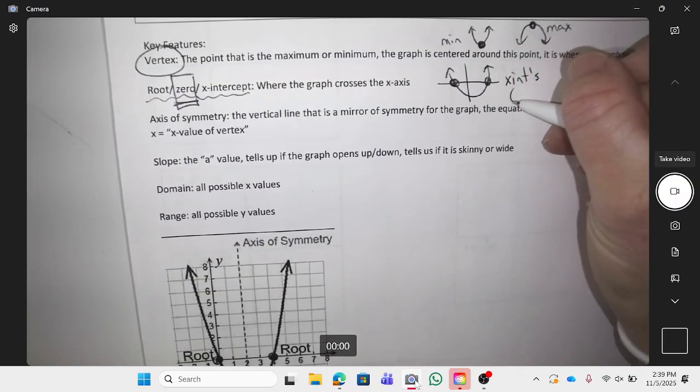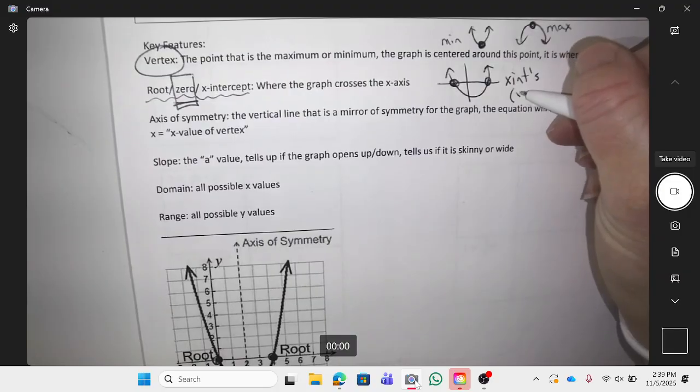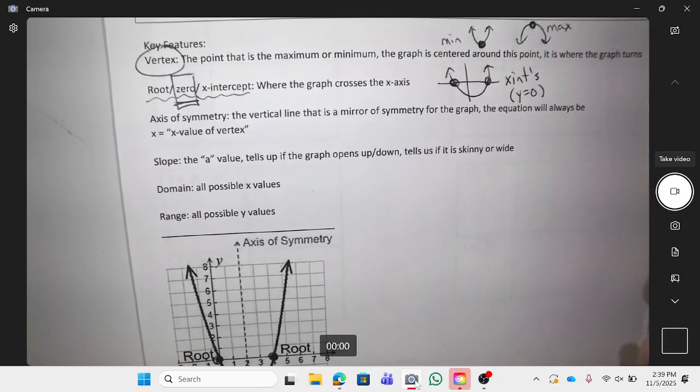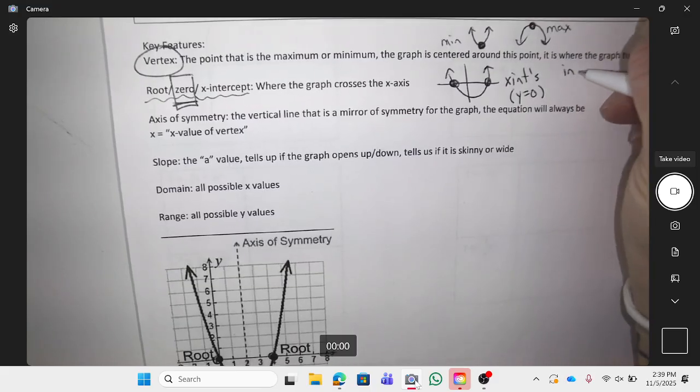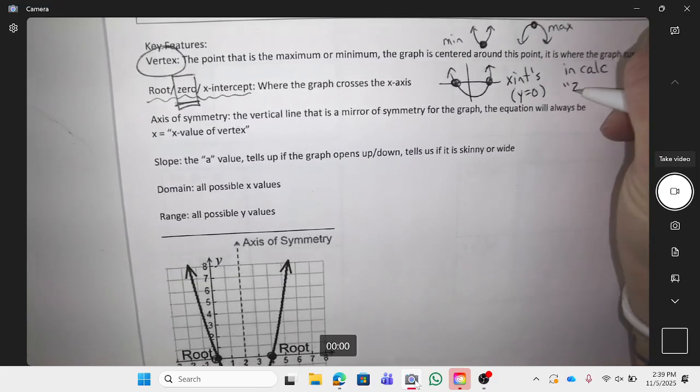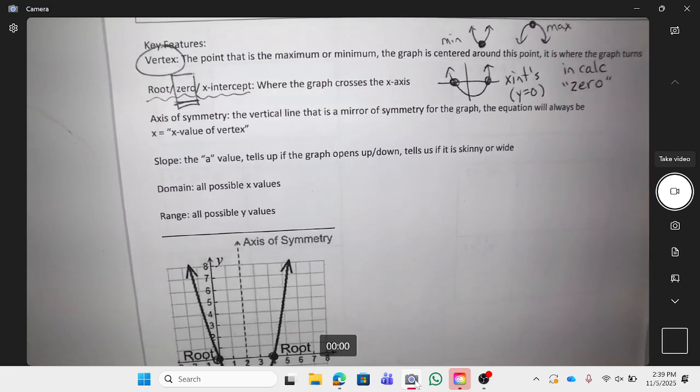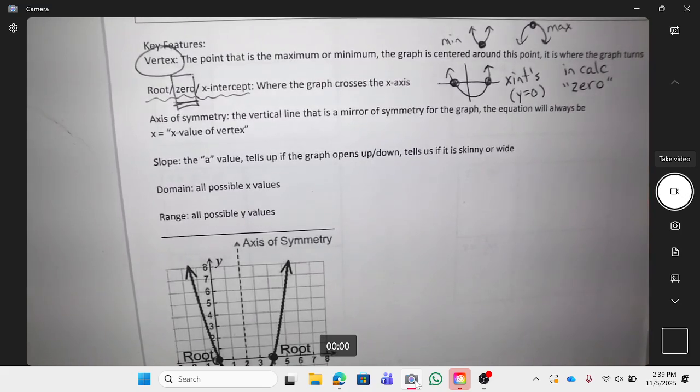So the definition of an x-intercept is where y is 0. Does that make sense graphically? The height of those points is 0. They're on the x-axis. Okay, so in the calculator, those things are going to be called zero.